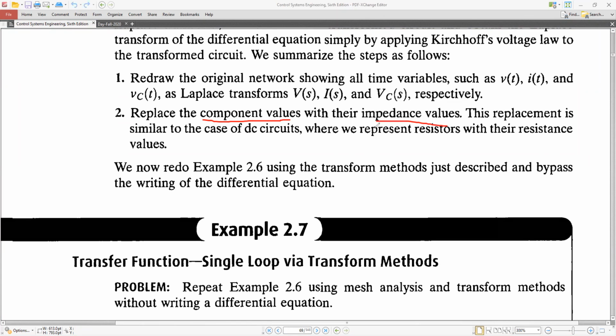Just change the component value to the impedance value so that you can easily solve this. This replacement is similar to the case of DC circuits, where we represent resistors with their resistance values. Now they will do example 2.6 again with this new method.